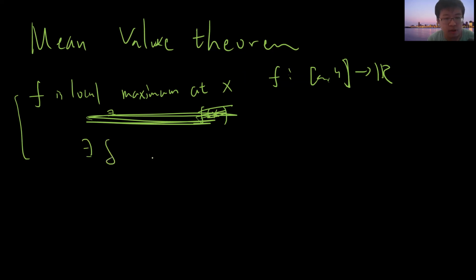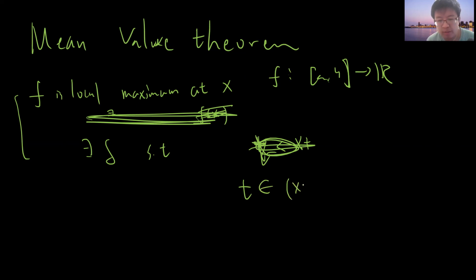There exists a delta such that when t belongs to (x minus delta, x plus delta), f of t is less than or equal to f of x, right?